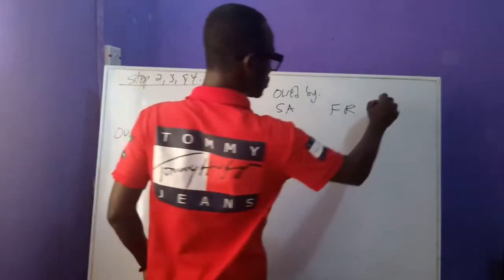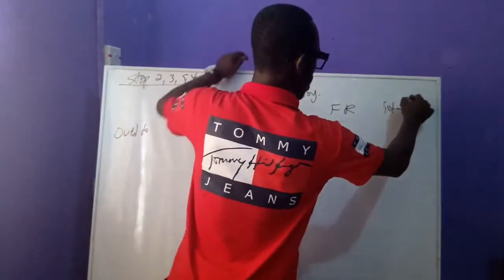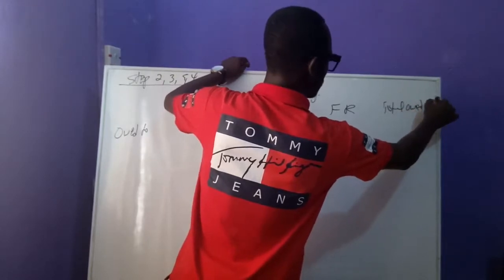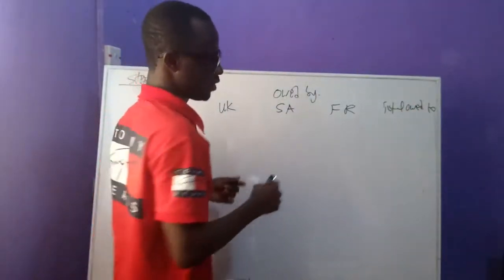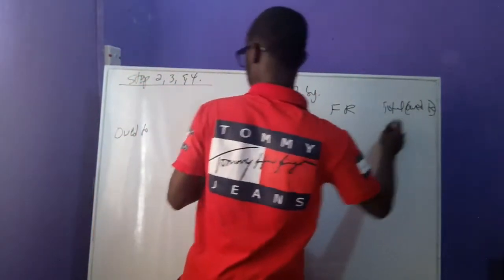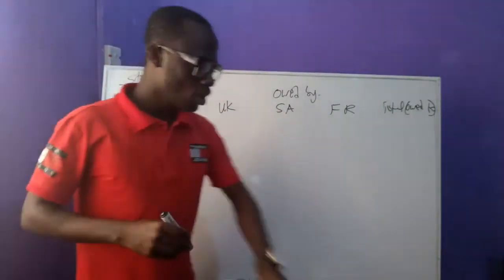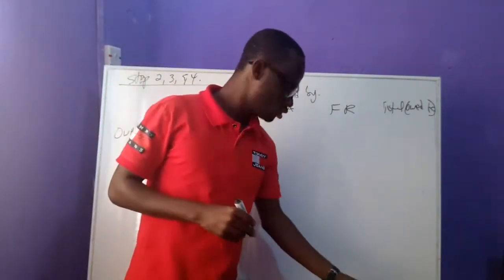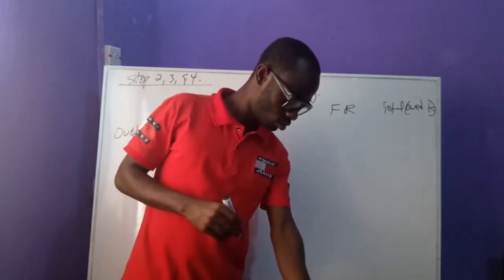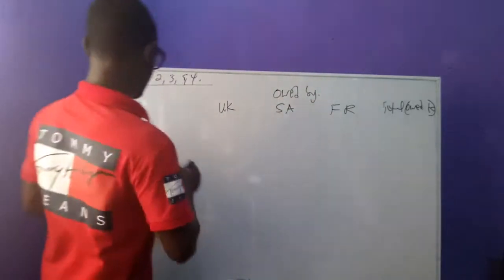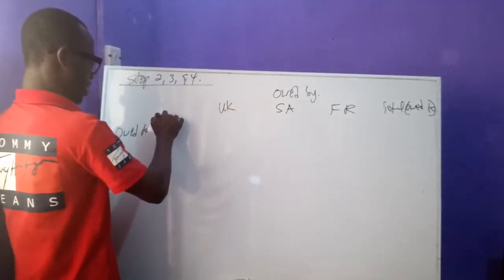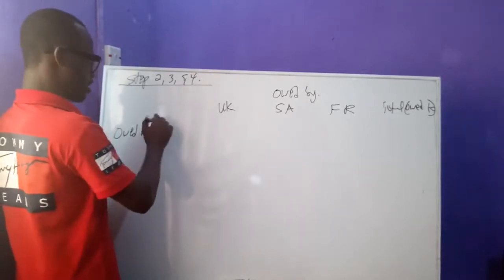And we're going to put a total owed to there. Then we're going to have owed by, the same thing here: UK, South Africa, and France. Let me bring it down a little bit.